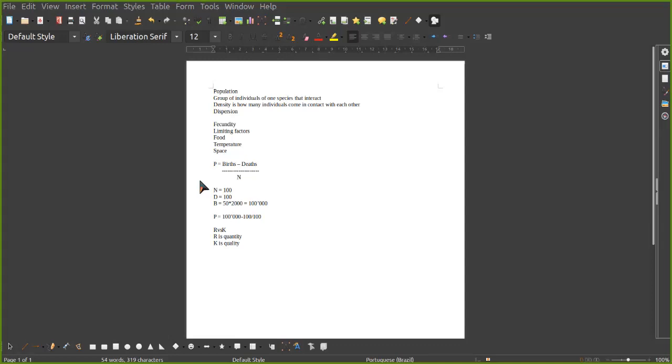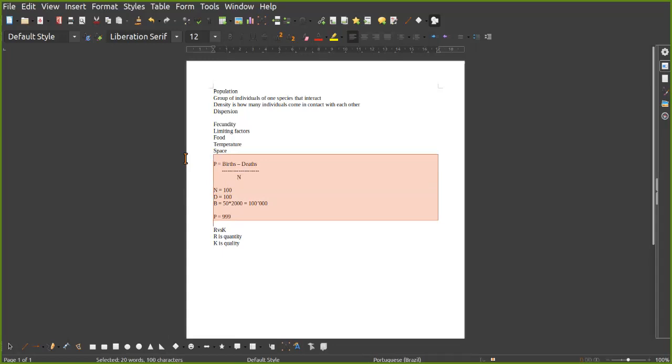So 100,000 minus 100 is going to be 99,900, which divided by 100 is 999. So it passed from 100 to 999. That's a 999% increase.